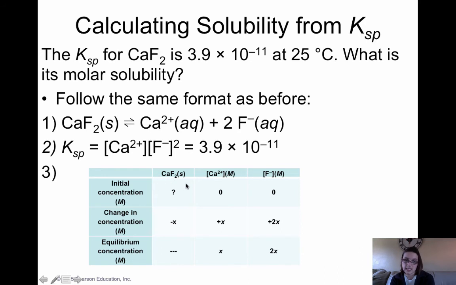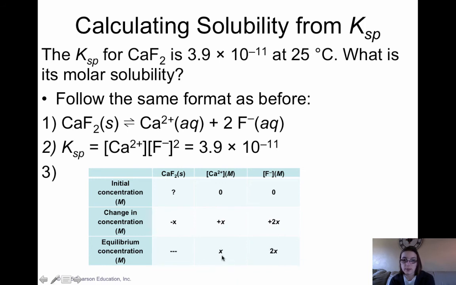We take some of the calcium fluoride away as it dissociates, and we get plus X for calcium and plus 2X for fluoride because there's a 2 in front. Notice at equilibrium, I put dashes through calcium fluoride because this doesn't go into our KSP. If I cross this out, that helps me remember it doesn't get put into the KSP formula. So at equilibrium, calcium is X, fluoride is 2X.